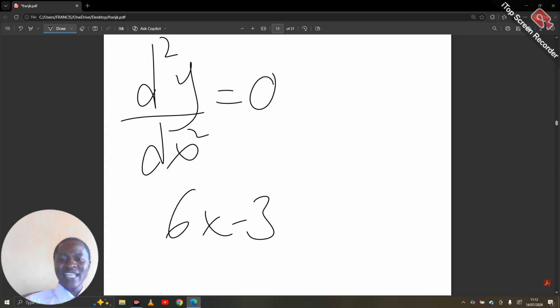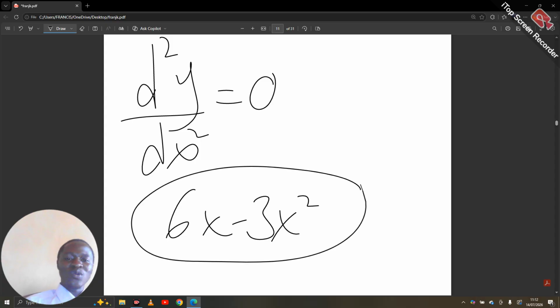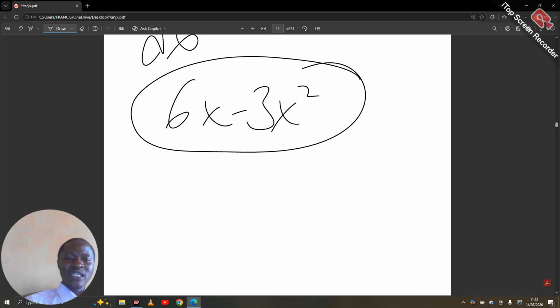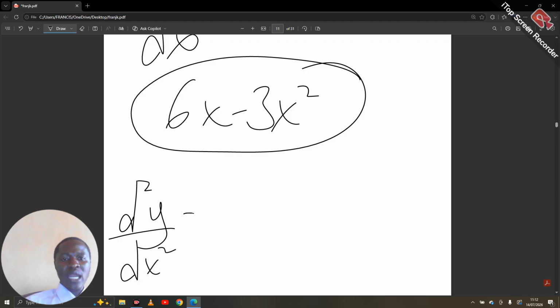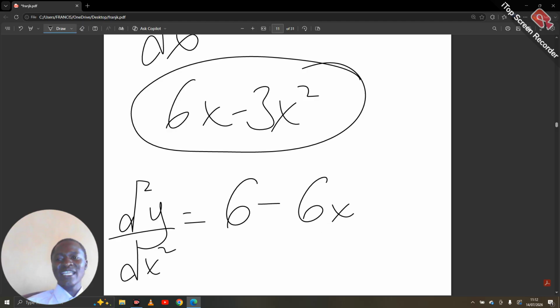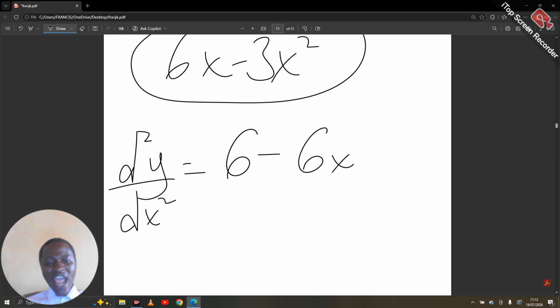So 6x minus 3x squared is what we shall differentiate the second time. Differentiating this, d squared y over dx squared will be 6 minus 6x.